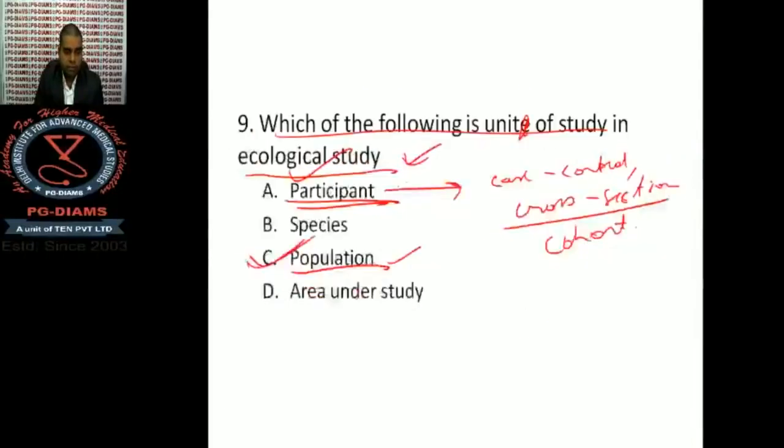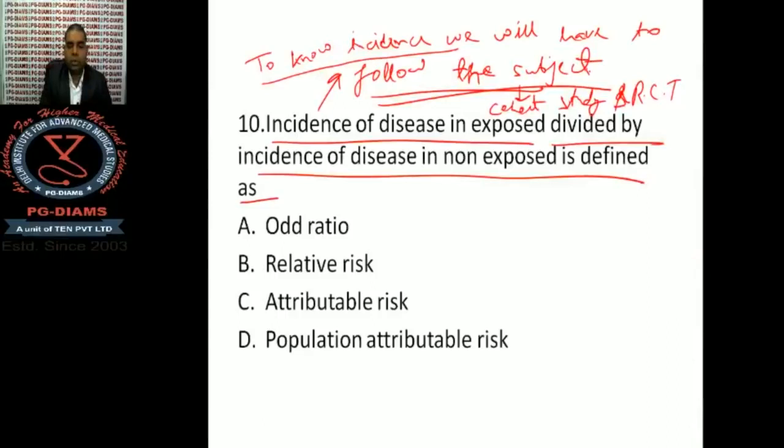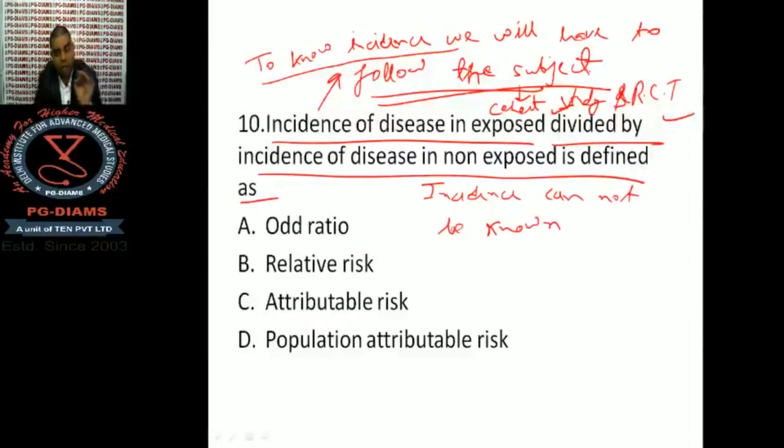Therefore, incidence can only be known in 2 studies, cohort study and RCT. Incidence cannot be known in case control study. This is one thing you have to remember, because many a time an objective question comes directly: incidence can be calculated in which type of study? The answer will be cohort.